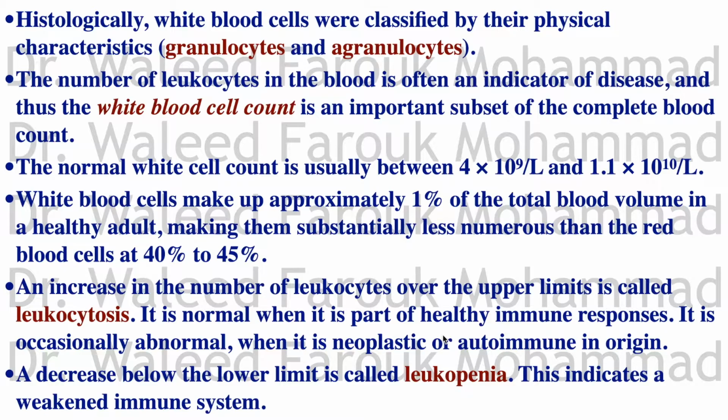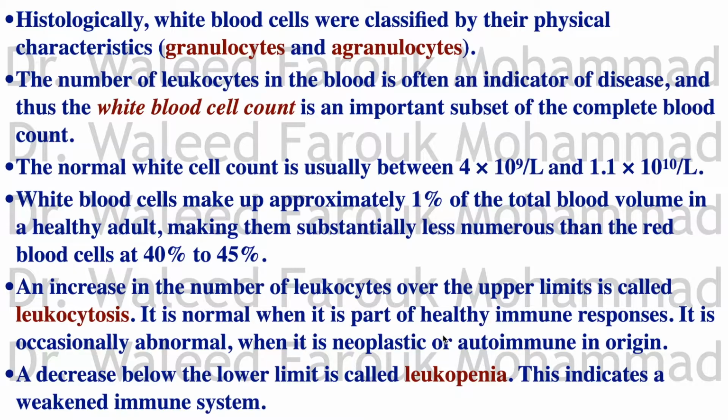The white blood cell count is essential to know the status of a disease in a patient, for example. The normal count is 4 times 10 to the power of 9 per liter, and they make approximately 1% of the total blood volume, of course lesser than the RBCs.